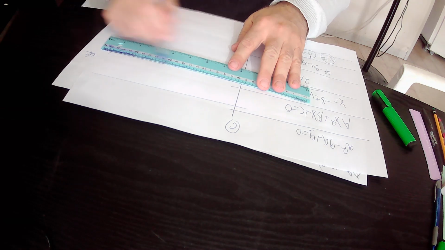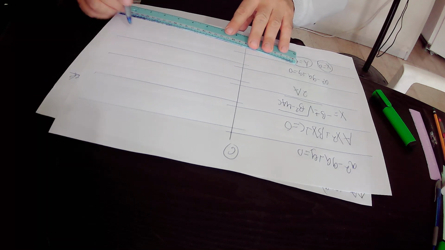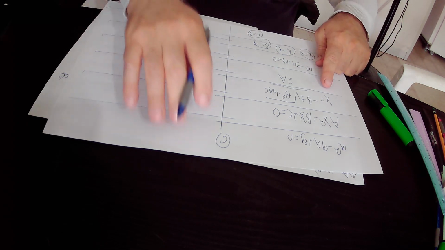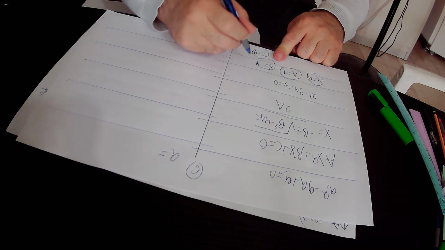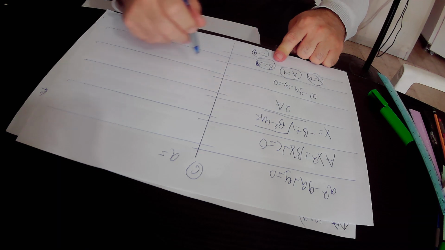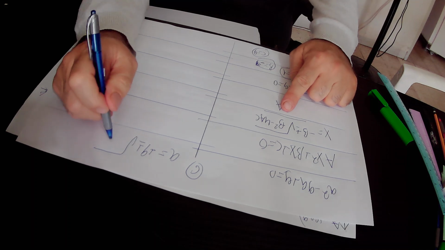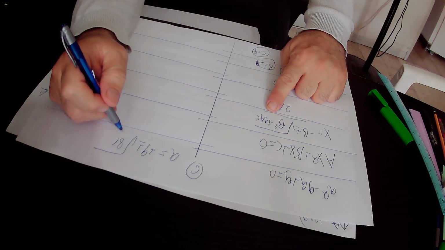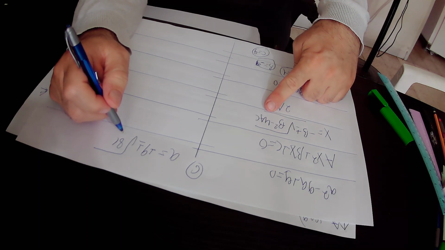We do it now, and we get that x equals a, so a equals minus b. b is minus 9, therefore minus b is plus 9, plus or minus the square root of b squared. b is minus 9, therefore b squared is 81, minus 4 times a. a is 1, so minus 4 times 1 times c. c is 9, so minus 4 times 9 is minus 36.